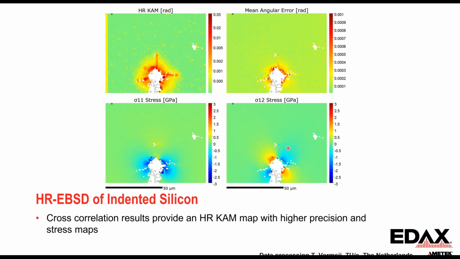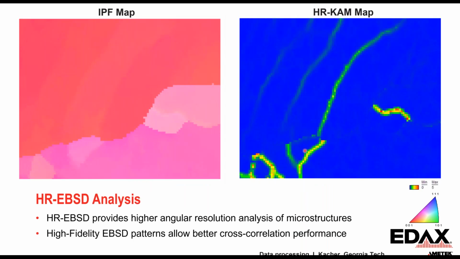You can see here in the blue areas, it's essentially a negative stress, and in the red areas, it's a positive stress. So we get some idea of is it compression, is it tension, which we don't get with typical EBSD, but we can resolve with HR-EBSD, and the Clarity detector helps to improve precision. And that can also be extended to polycrystalline materials.